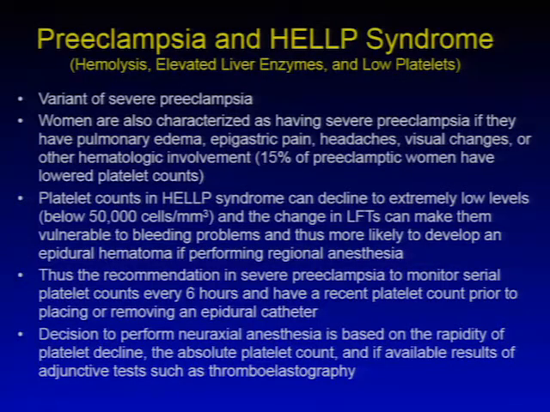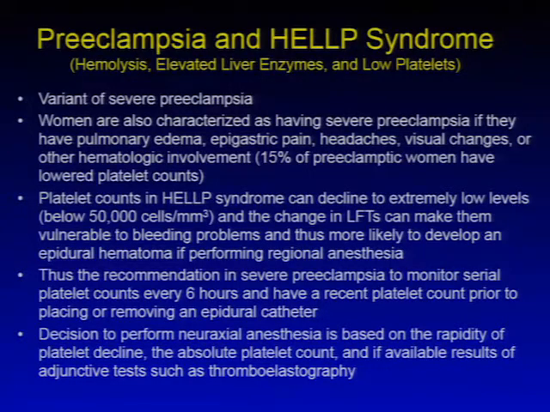And this syndrome is different from the normal hematological involvement of preeclamptic women with lowered platelet counts. Platelet counts in HELLP syndrome can decline to extremely low levels, below 50,000 cells per cubic millimeter, and the change in liver function tests can make them vulnerable to bleeding problems and thus more likely to develop epidural hematomas if a regional technique is utilized.